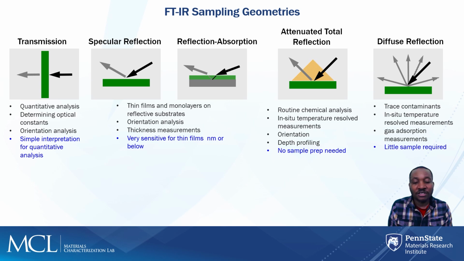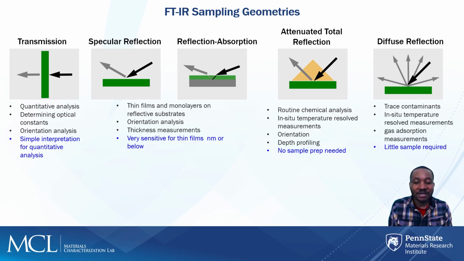With transmission, we basically have our sample sitting in the path of the light, and the light just goes through the sample. The sample could either be a thin film, or it could be a powder sample that is mixed with potassium bromide and pressed into a pellet. As long as that sample is IR transparent to some degree, some light will get to the detector and we'll get information about the sample that way.